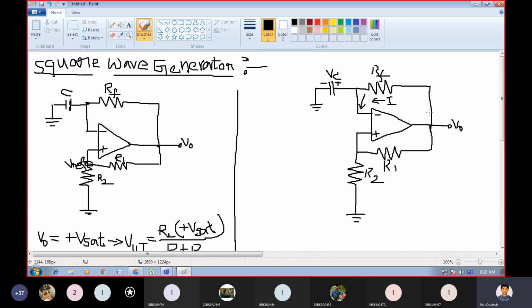So as long as the VC value is less than the upper threshold voltage VUT, the output remains at plus V saturation. The VC value less than VUT means the output value will be plus V saturation.